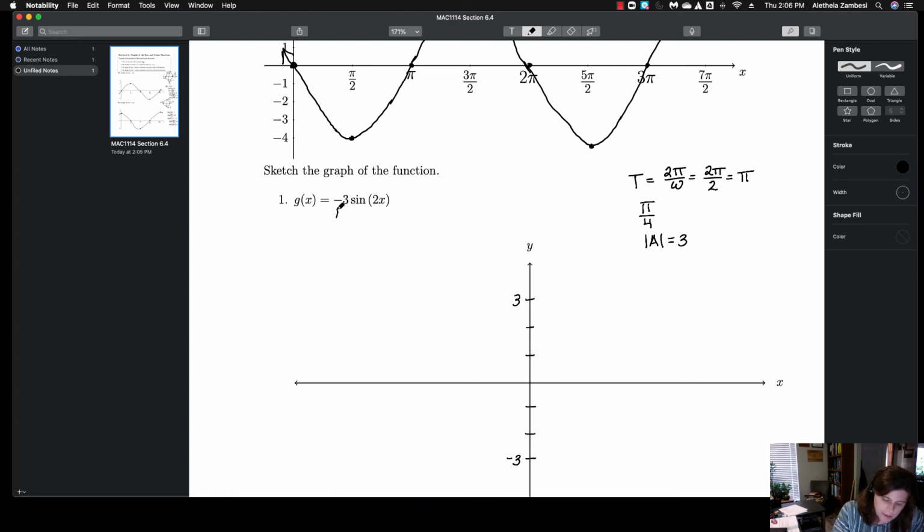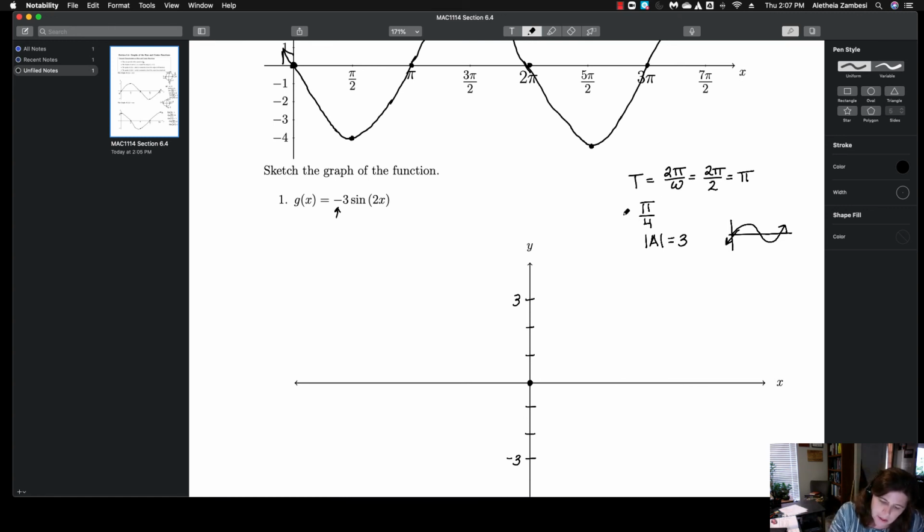We're also flipped upside down, but remember that our basic sine function is the one that looks like this. Okay, so our point at 0, we have to get some values on our x-axis. If you're numbering for trig graphs, it's the same as for regular graphs. So you have positives going one way, negatives going the other, but they should be the same hash marks.